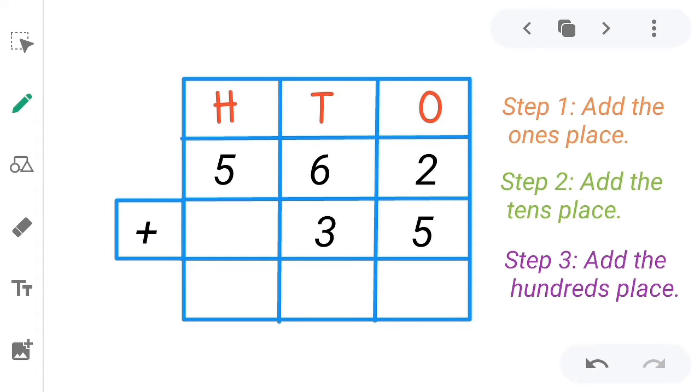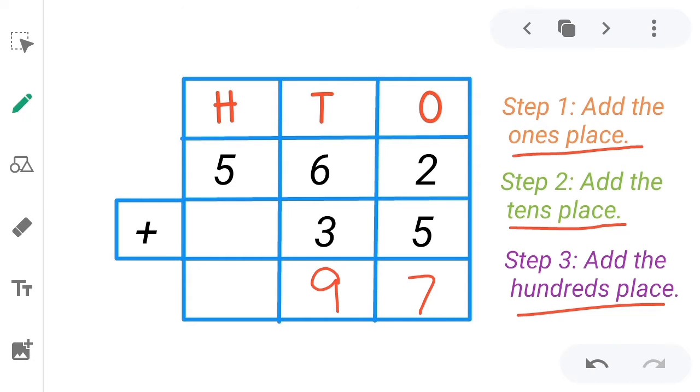Now coming to the next step, we have 562 and 35 at their proper places. The first step here is add the ones place. 2 plus 5 will give us 7. Then we'll add the tens place. 6 plus 3 will give us 9. Then add the hundreds place.